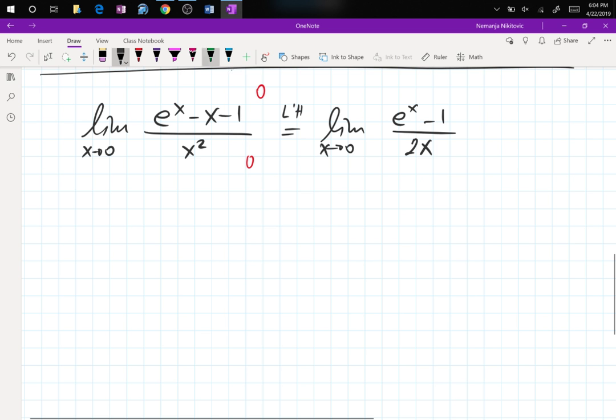We get again 0 over 0, because e to the 0 is 1, 1 minus 1 is 0, divided by 0. So we can use L'Hopital again to get limit of e to the x divided by 2. And then we get half as the answer, because when you plug in 0, e to the 0 is 1. And there we have it. Yay.